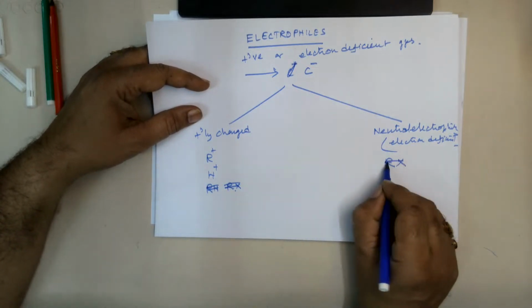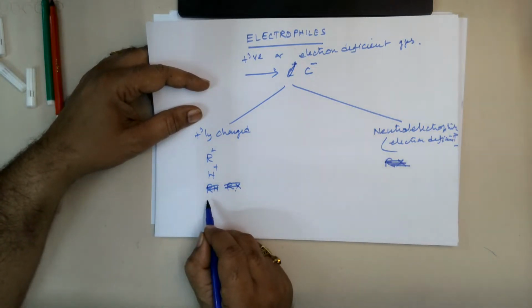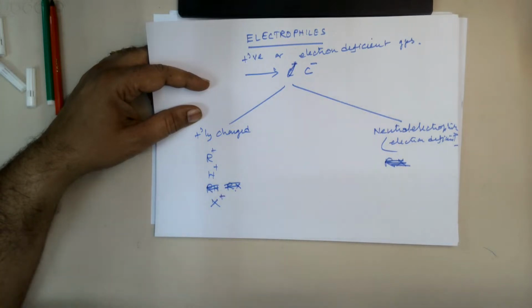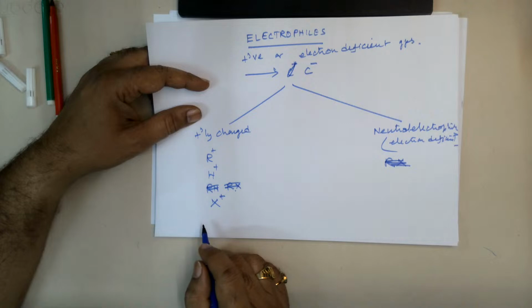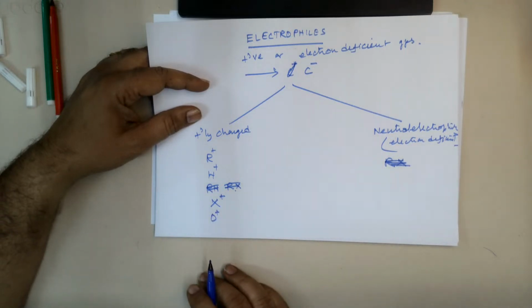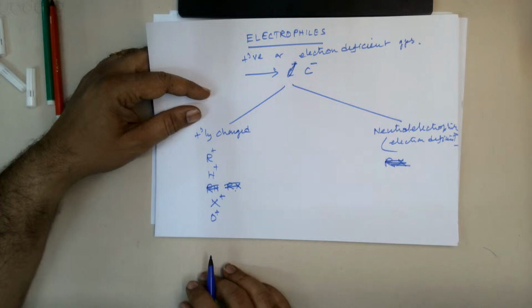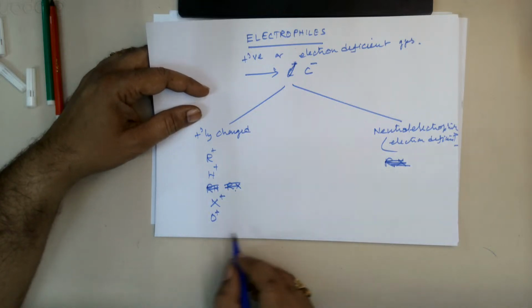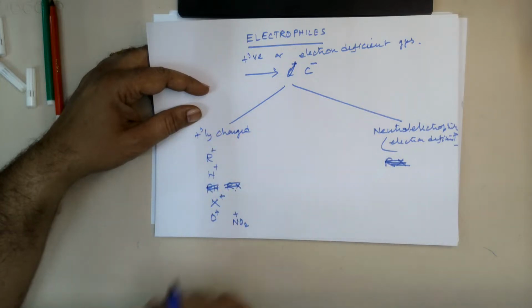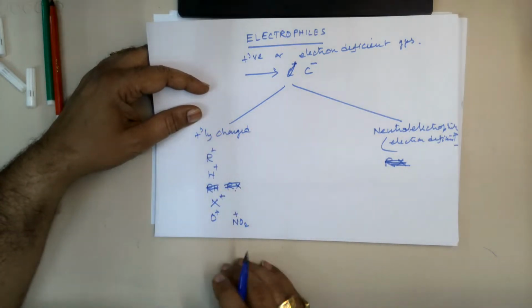Otherwise you can show it like this: this is RX only, but you can simply put X plus. Okay, X plus. And here O plus, oxonium. Similarly, nitronium, NO2 plus. So these are all electrophiles. They are positively charged.